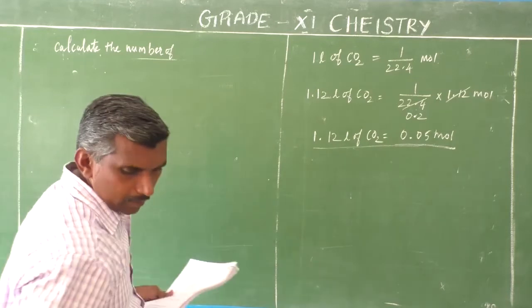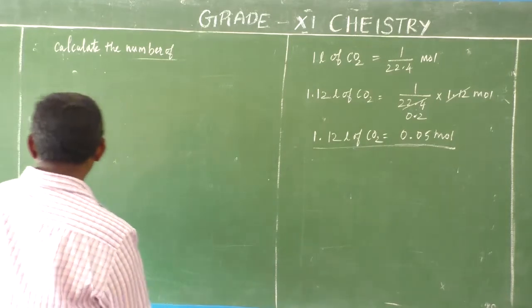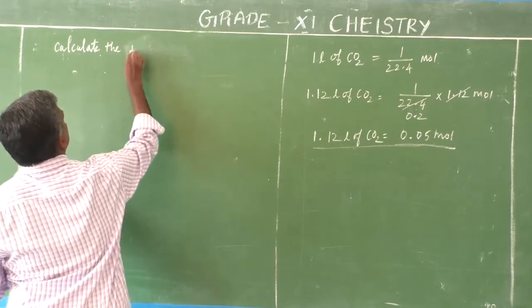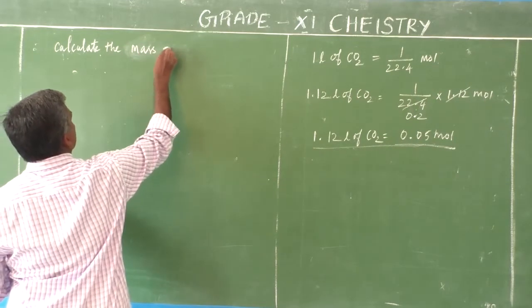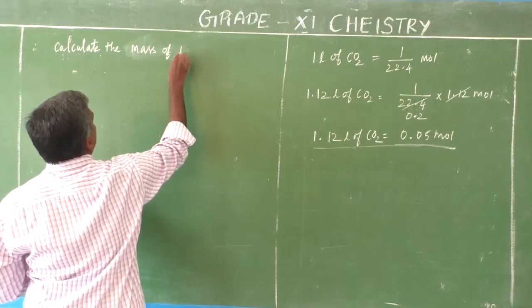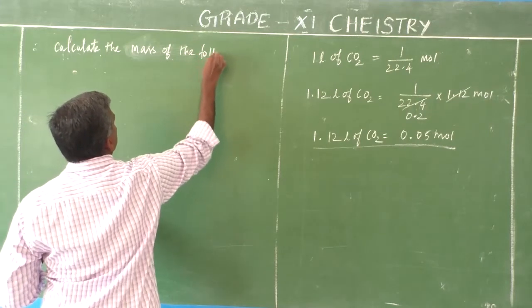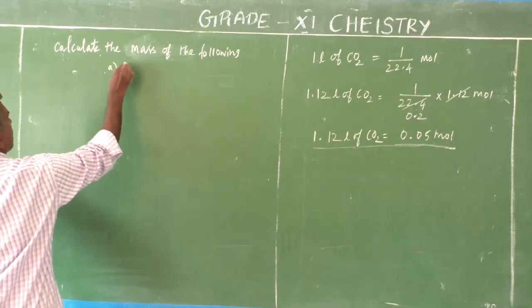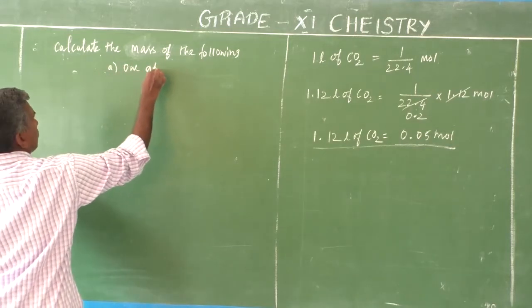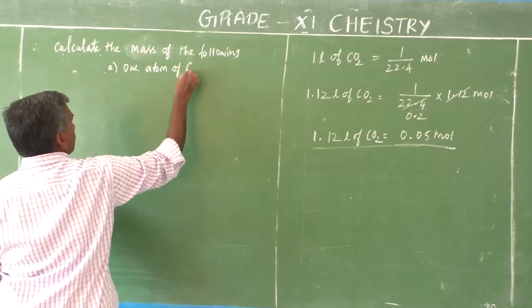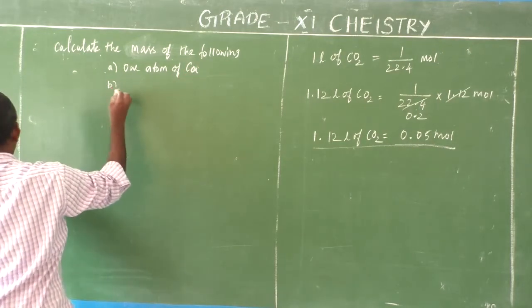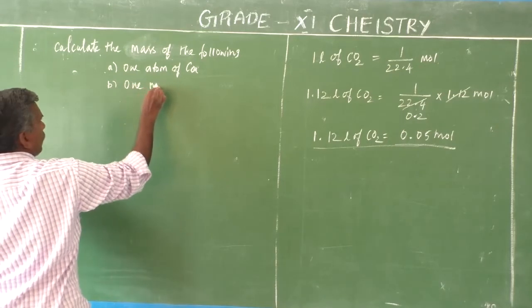Next problem: calculate the mass of the following. 1 atom of calcium, and 1 molecule of sulfur dioxide.